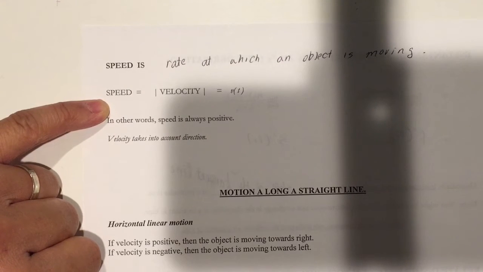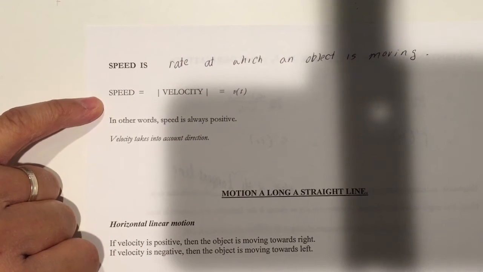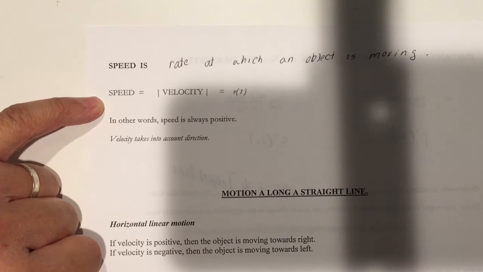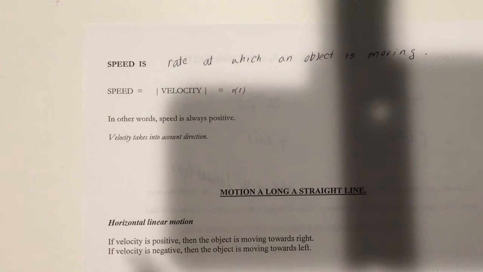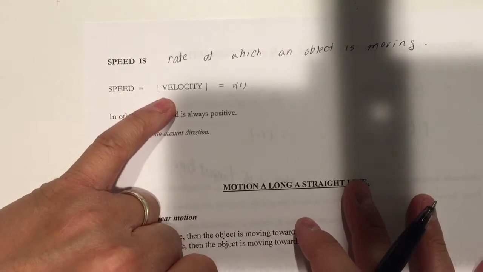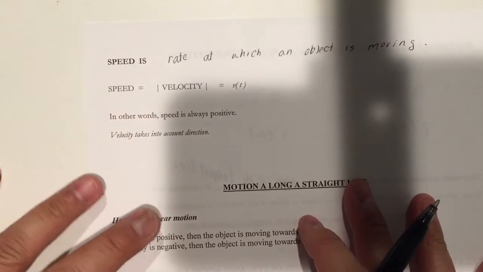If you can find velocity, then you can find speed, because speed does not have direction. It's just a positive number. However, velocity has direction. Say if velocity was positive, that means you're moving to the right, and if velocity is negative, that means you're moving to the left. But speed doesn't have direction, okay? So to find speed, you just take the absolute value of the velocity, and that gives you speed.